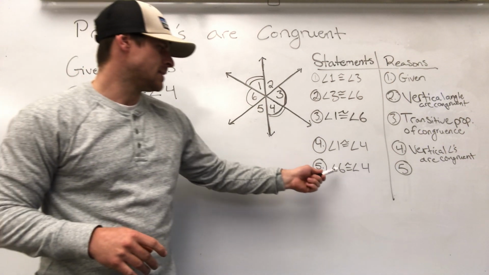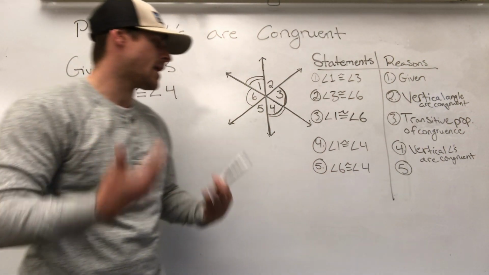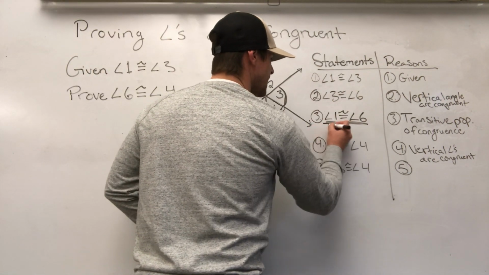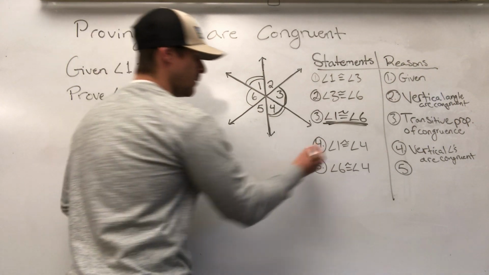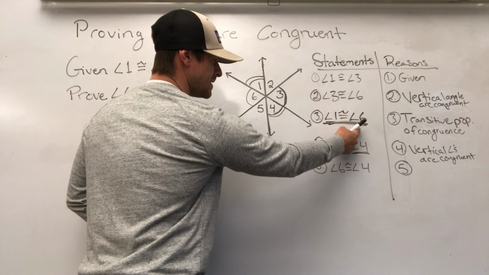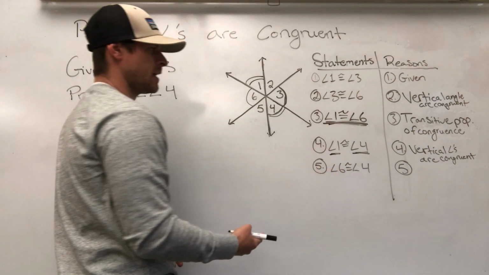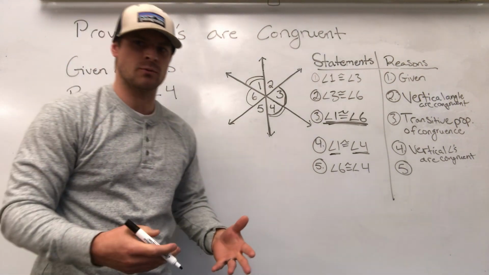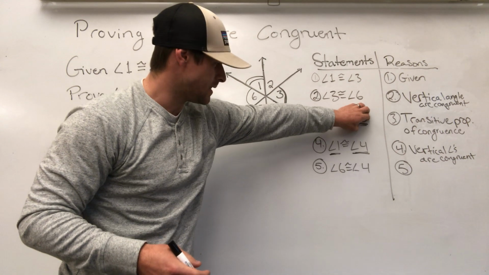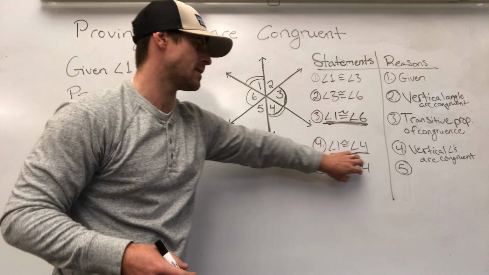And then last but not least, angle 6 is congruent to angle 4. How do we know that? Well, if angle 1 and angle 6 are the same, and 1 is congruent to 4, then because 6 is the same as 1, 6 is congruent to 4. Again, that is the transitive property. We're just transitioning or moving angle 6, which we know is 1, and putting it right there where that angle 1 was to say the same thing.